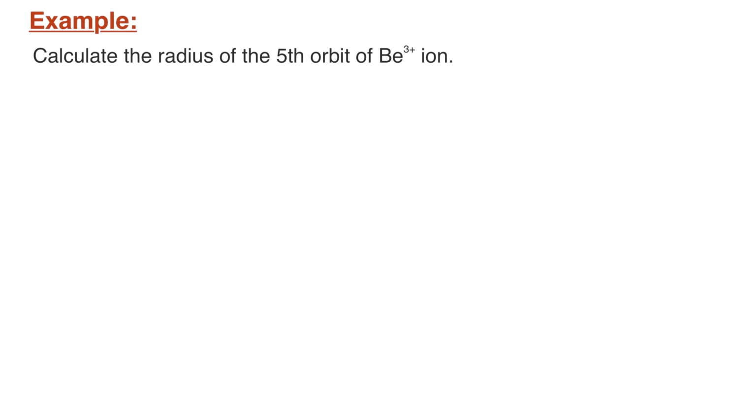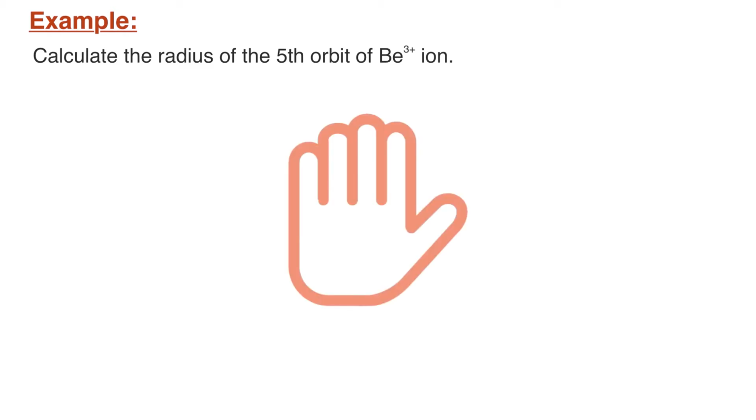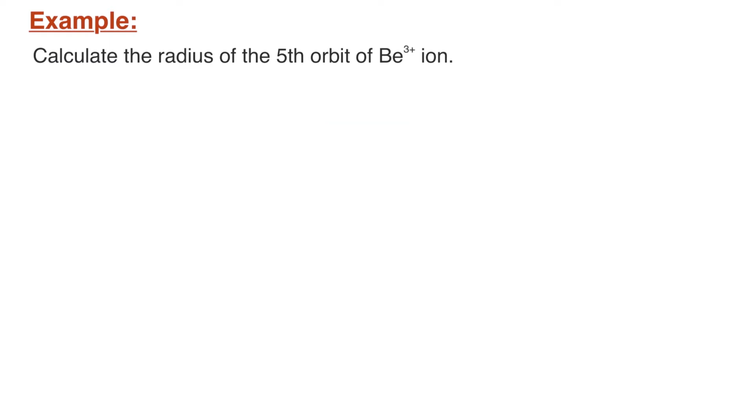Calculate the radius of the 5th orbit of the Be3+ ion. Pause the video here and try to answer this question. First, we will check if the formula given by Niels Bohr is applicable to the Be3+ ion or not.